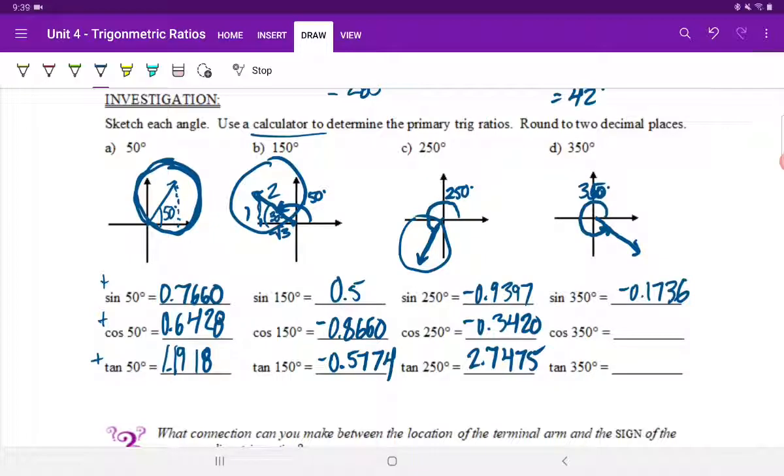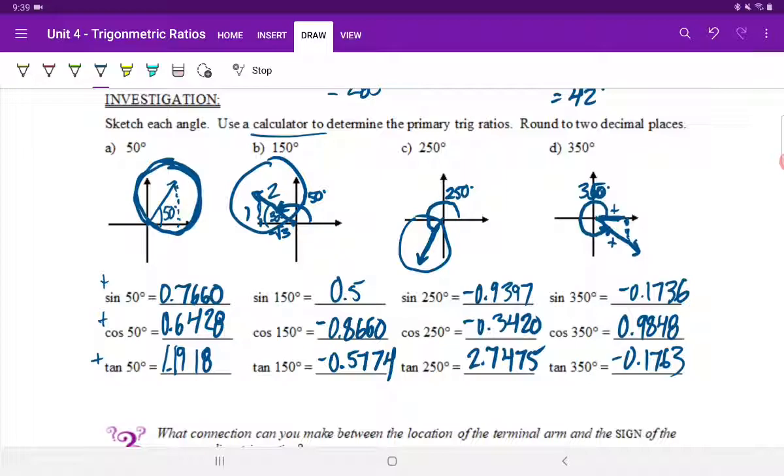Let's look at the final quadrant here, our fourth quadrant. Our sine ratio ends up being negative. Our cos ratio this time ends up being positive, while our tan ends up being negative. It makes sense that cos is positive because we're on the positive x-axis right there. And because it's adjacent over hypotenuse, the adjacent side is positive, and remember that the hypotenuse is also always positive because it's the radius of the unit circle, which is a measurement.